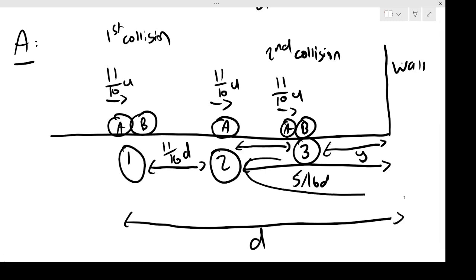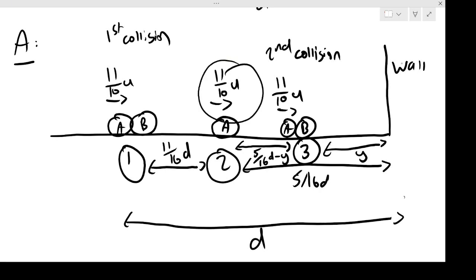If the overall distance is 5/16 D, and then this distance is Y, well, this distance from point 2 to point 3 is going to be 5/16 D take away Y, right? And there we are. So we have an expression for the distance from point 2 to point 3.